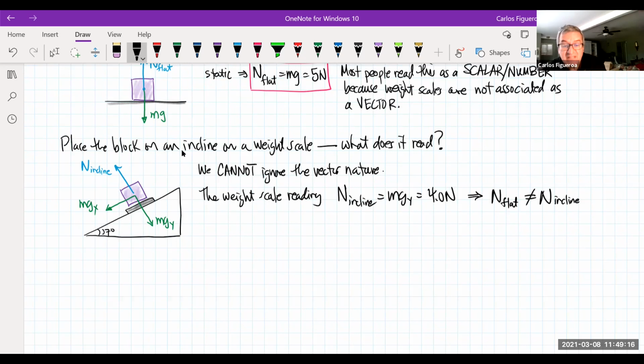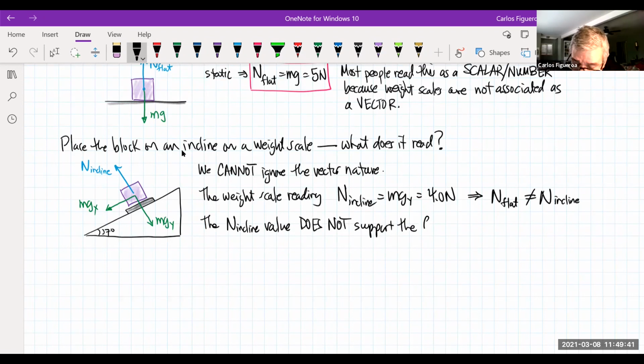And so what this tells us is that the N incline value does not support the full weight of the block.